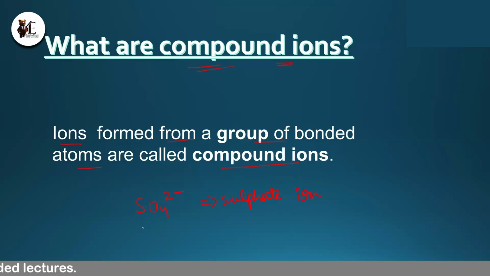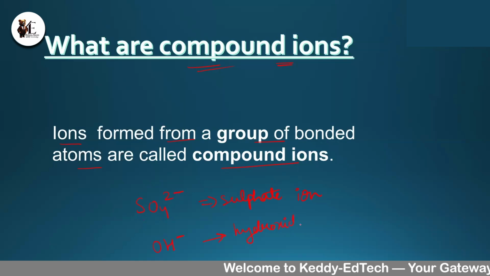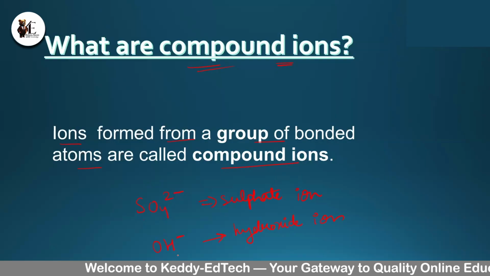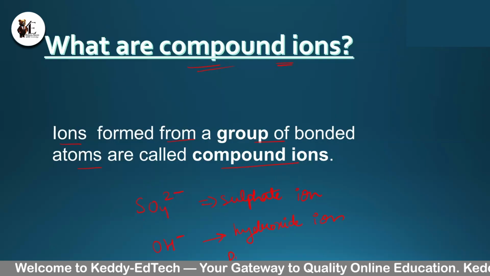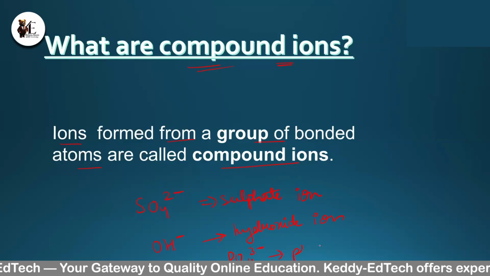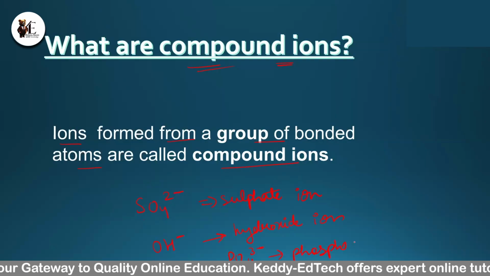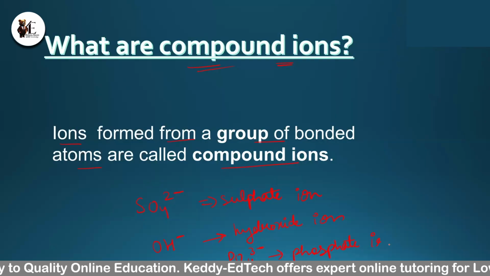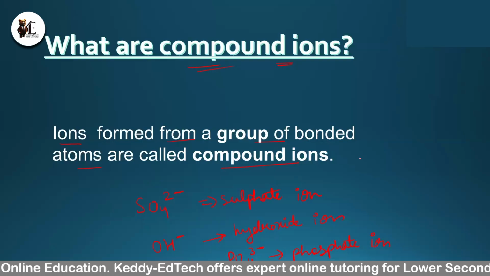This is an ion formed from sulfur and oxygen. OH minus is hydroxide ion. It is also a compound ion because there are two elements involved in it, oxygen and hydrogen. PO4 3 minus is known as phosphate ion. This is also an example of compound ion. Is it clear what are compound ions?